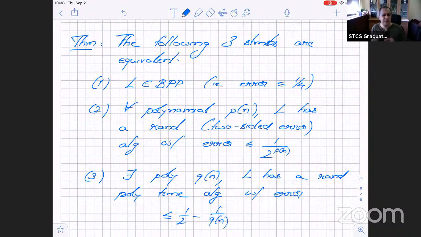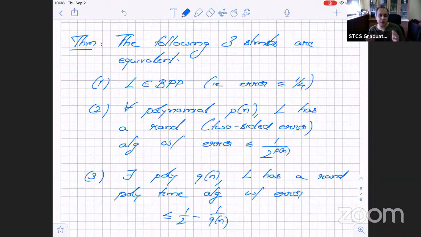The error is just barely better, that is, in the yes case you accept with probability at least half plus 1/Q of n, and in the no case you accept with probability at most half minus 1/Q of n. Therefore, it's barely better than random guessing. Notice if I had said half, then you could ignore the input and just toss a coin. In the third case, the algorithm does barely better than random guessing.